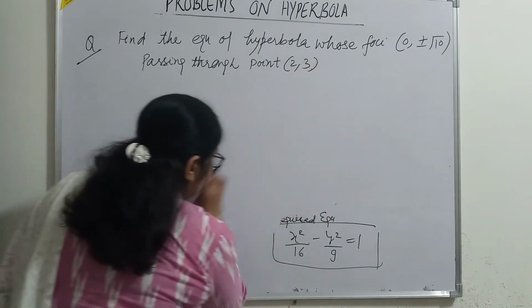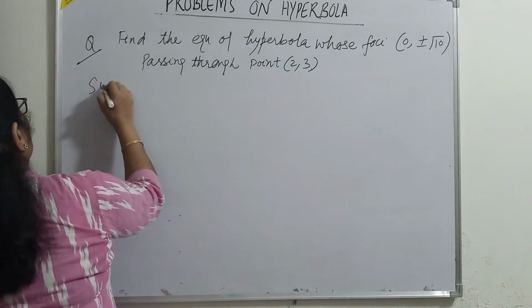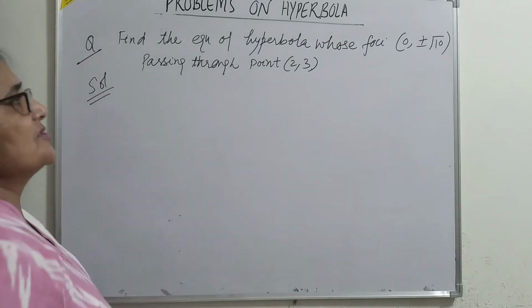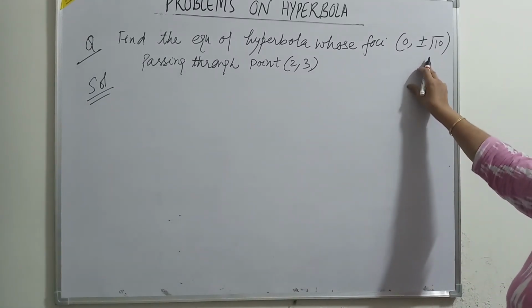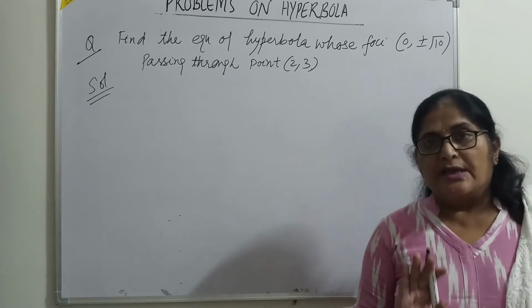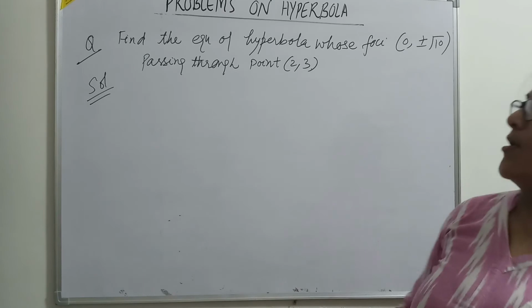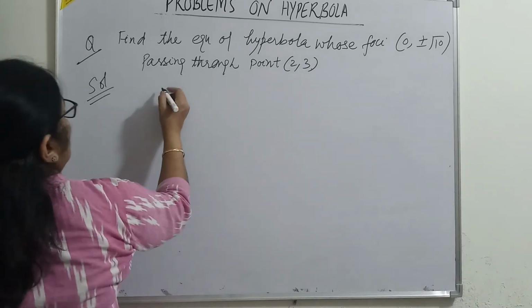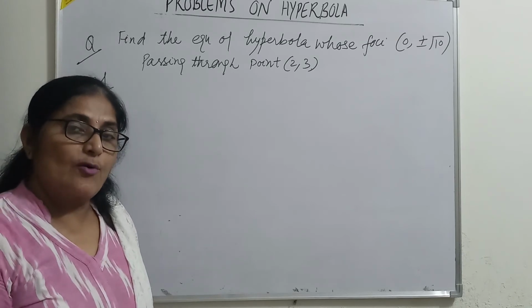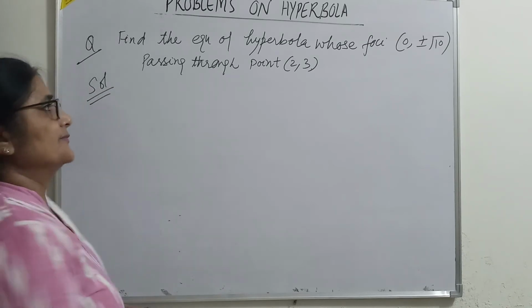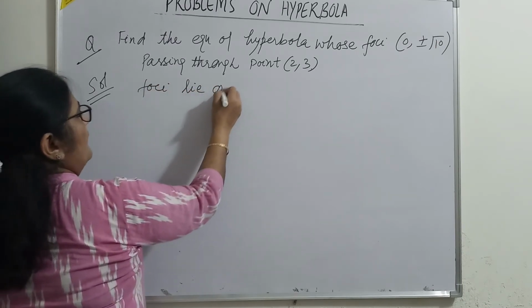This is not a direct problem. So, what to do? See the conditions. The foci are given as 0, ±√10. That means the equation of the hyperbola is in the form y²/a² − x²/b², since the foci lie on the y-axis.